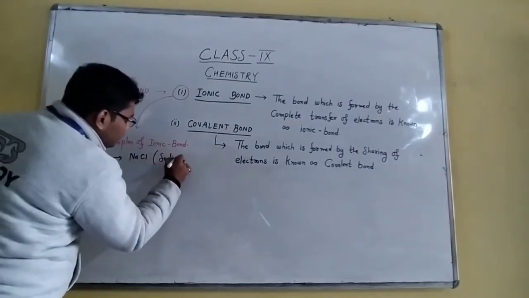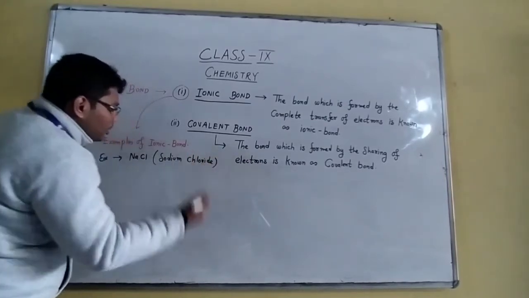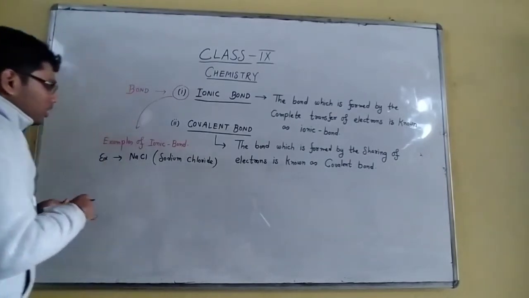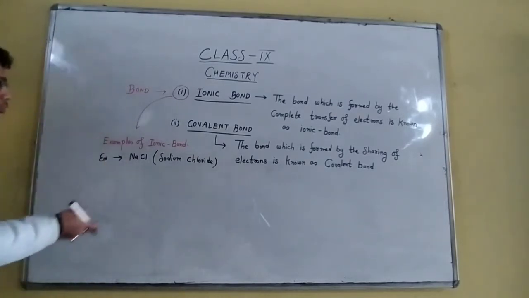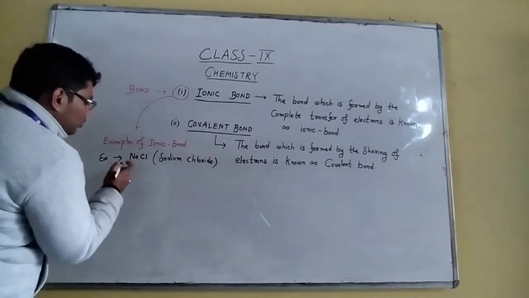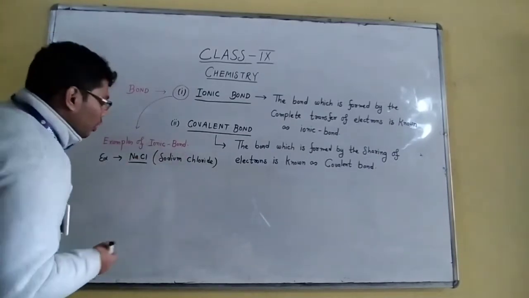The another name of NaCl is sodium chloride. It is also known as common salt or table salt. The salt which is used by human beings in kitchen is also sodium chloride.